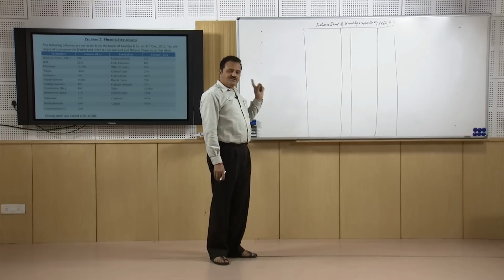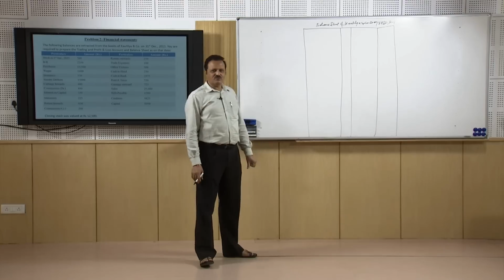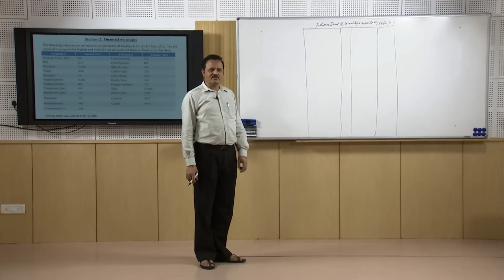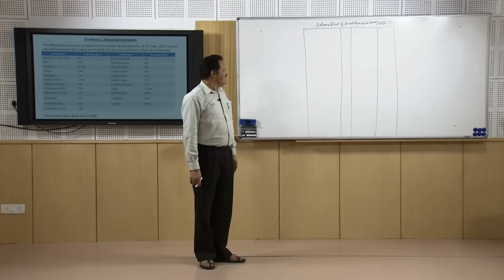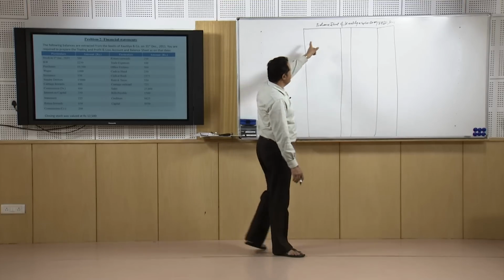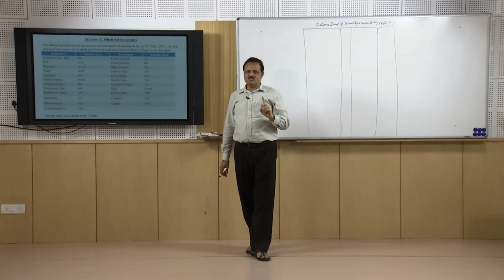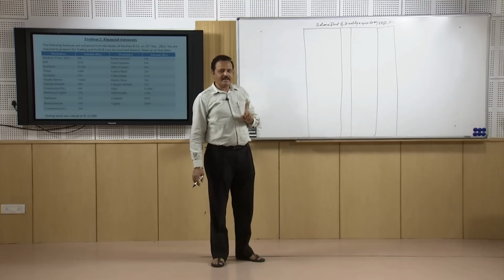It means that the statement, profit and loss account or income statement, is depicting the results of the business for a period of one full year. Whereas the balance sheet, we are writing here as on, means it depicts the financial position of the business only for one day.